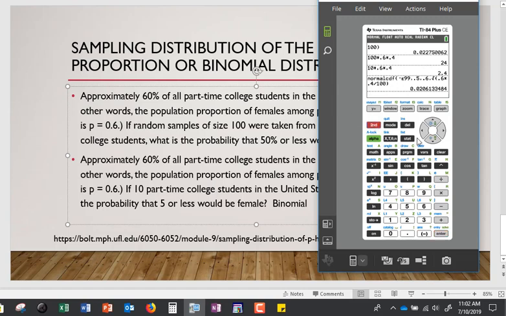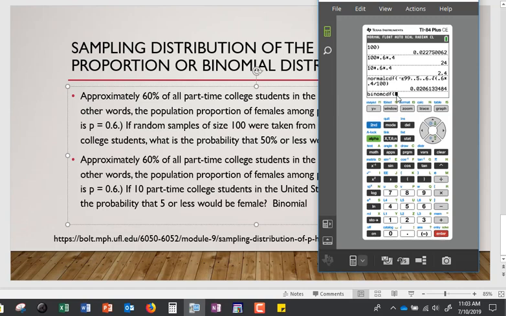In the second one, you have a binomial distribution. So you're still going under second and vars. Here you have two functions to select from. Binomial PDF is when you're finding the probability of one exact number. So if 10 part-time college students are selected, what's the probability that exactly 5 of them are selected? That's when you use binomial PDF. We want binomial CDF. Your C is for cumulative. You want to add all these options together.